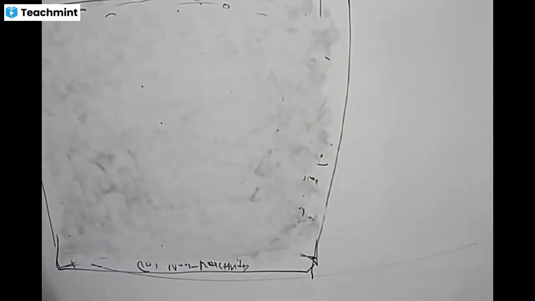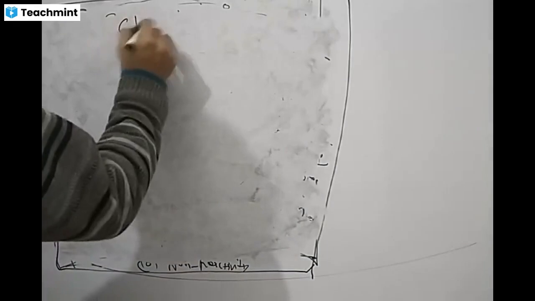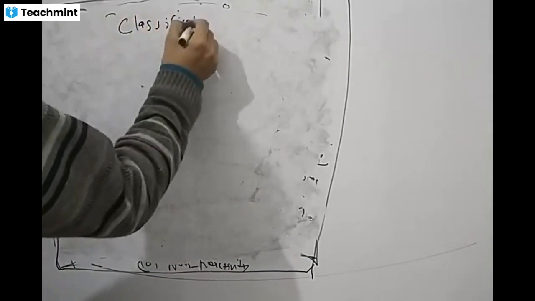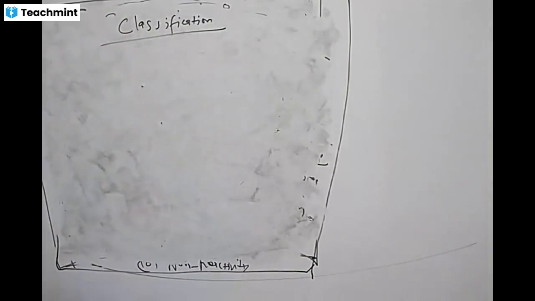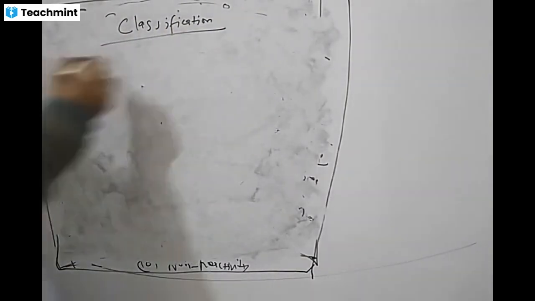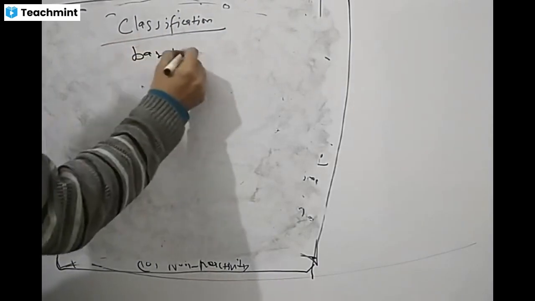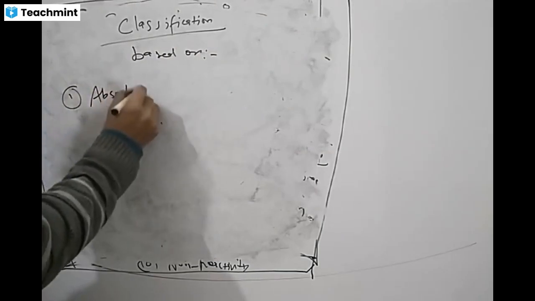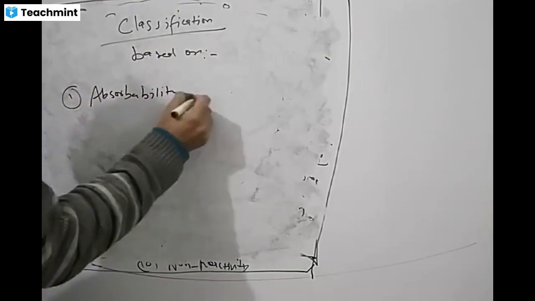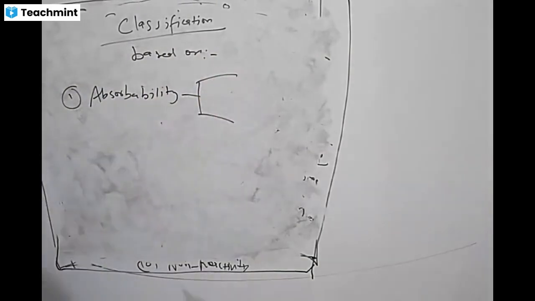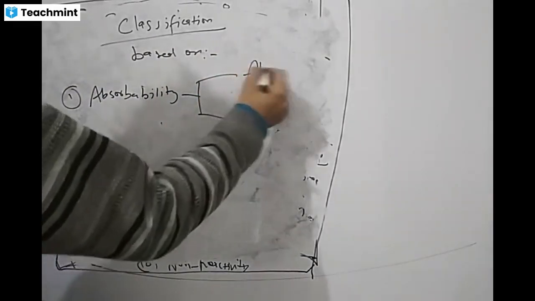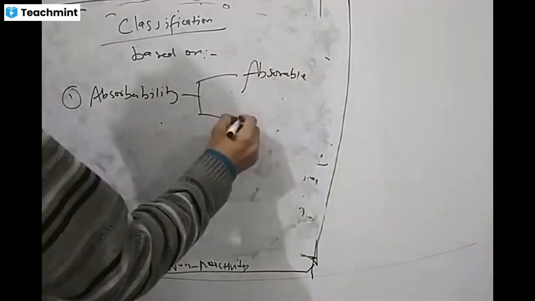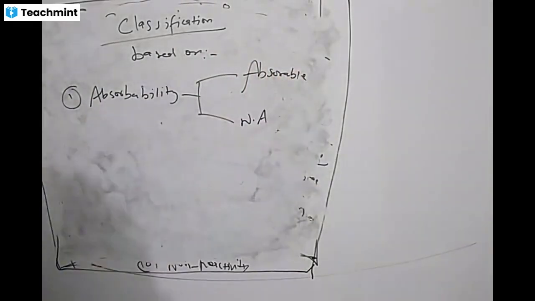After suture characteristics, there is one important topic, that is classification of suture material. This classification is based on, number one, absorbability. Based on this, there are two types of suture material: one is absorbable, the other is non-absorbable.